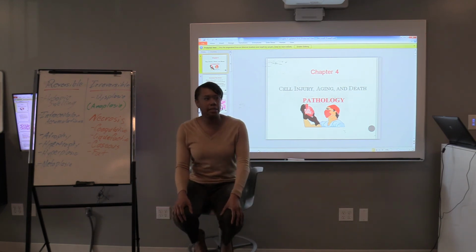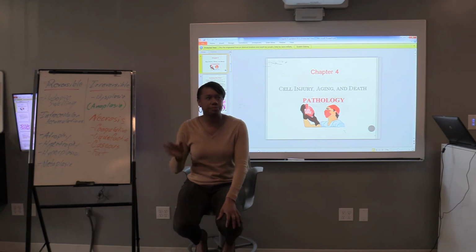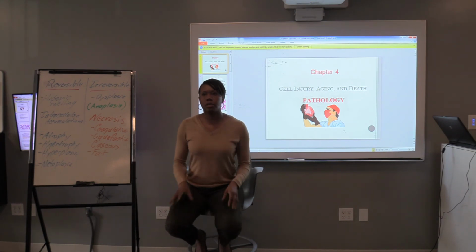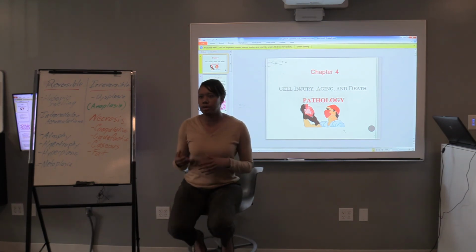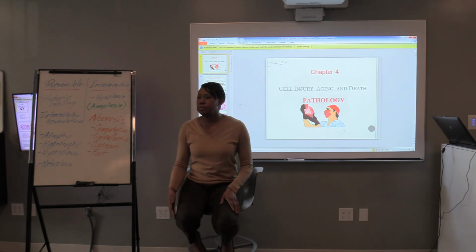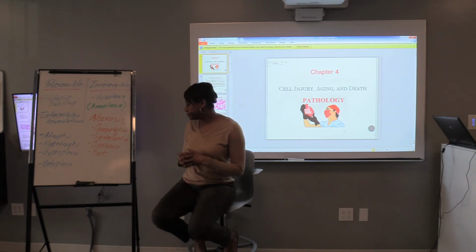This is more common in internal organs, brain tissue, the intestines, because of the environment. Can you have liquefactive necrosis externally on the body? Yes, it is a possibility. I've seen pictures of it. Sometimes people can have liquefactive necrosis on the skin, but in most cases it is internal.